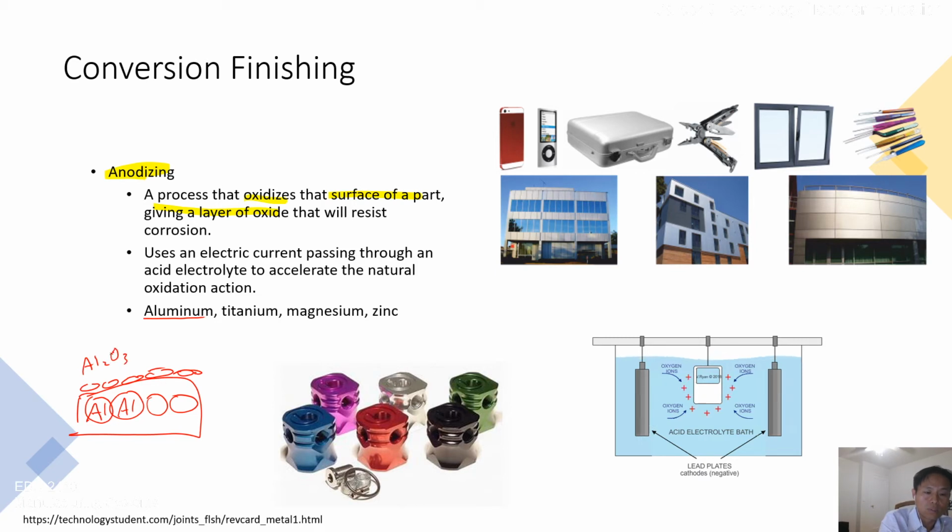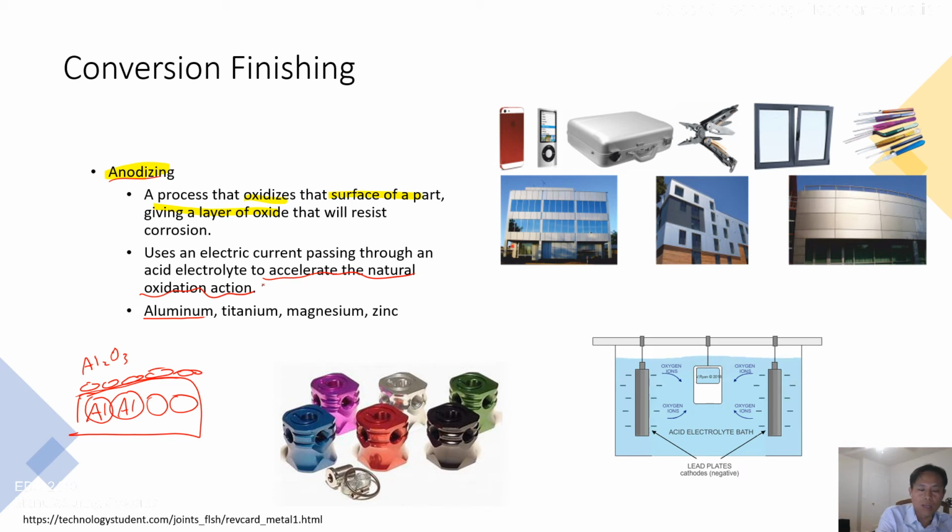This is an example. That protects the aluminium from corrosion. So this is anodizing, but anodizing accelerates this oxidation process.